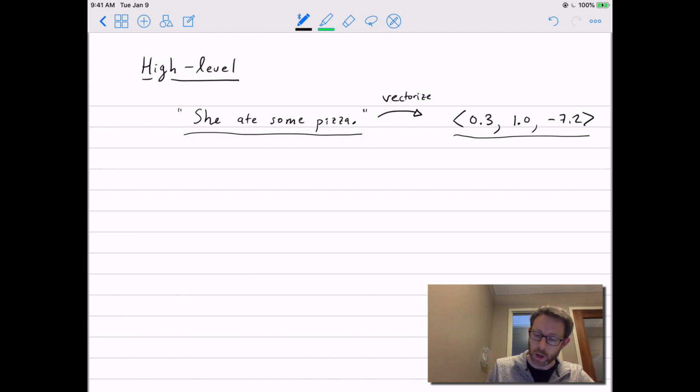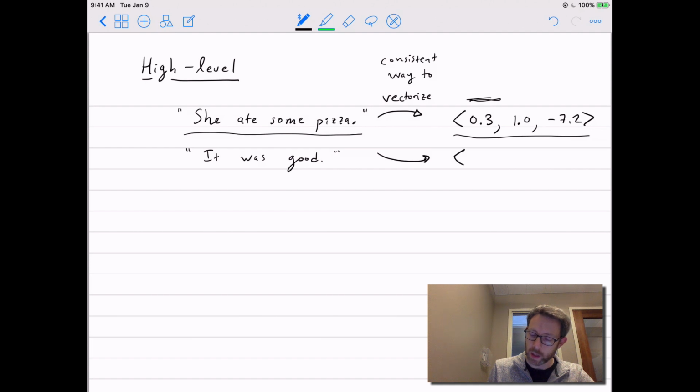Okay, and then as long as you have a consistent way to vectorize, which means that somehow the coordinates of your vectors mean the same kind of thing across all documents. So if there was another document, let's say it was good, because the pizza was good.